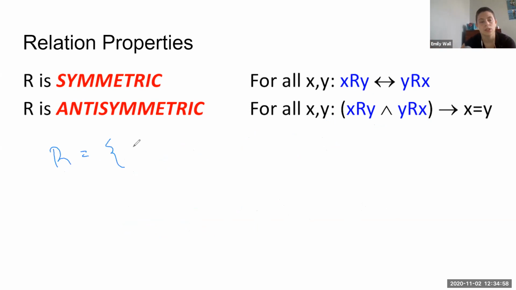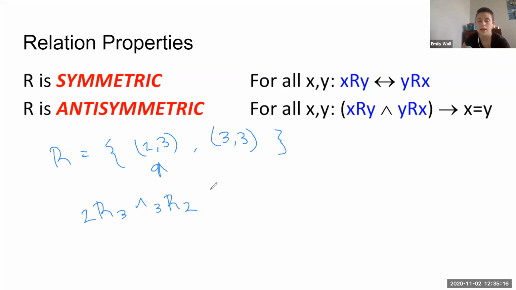Okay, so that one's fun. Let's think about, I don't know, 2 relates to 3, and the pair 3, 3. Okay, and I just start with the first thing. So 2 relates to 3. I flip the positions. I ask, is this true?